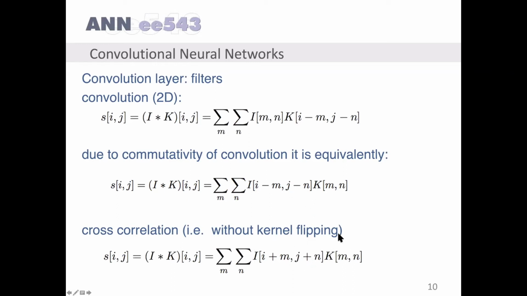This is the definition of the cross-correlation in discrete two-dimensional space. Notice that cross-correlation corresponds to convolution without kernel flipping. In fact, in convolutional neural networks, correlation is used. That means that we are using filters, but we are applying them without kernel flipping.